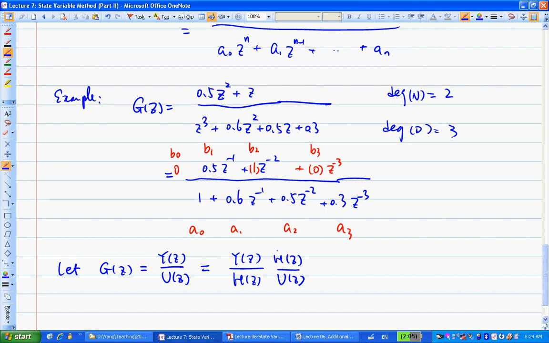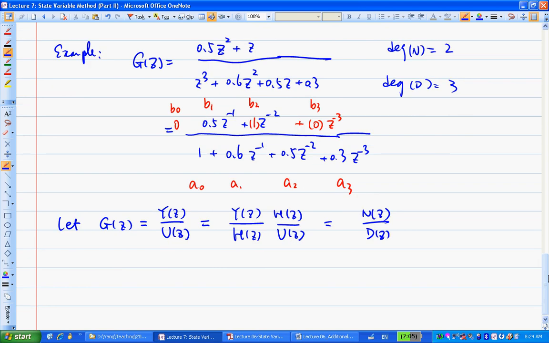Because they cancel each other, so I'm not changing the original one here. So that equals my original numerator over denominator. This approach works for general ones, not just the example.